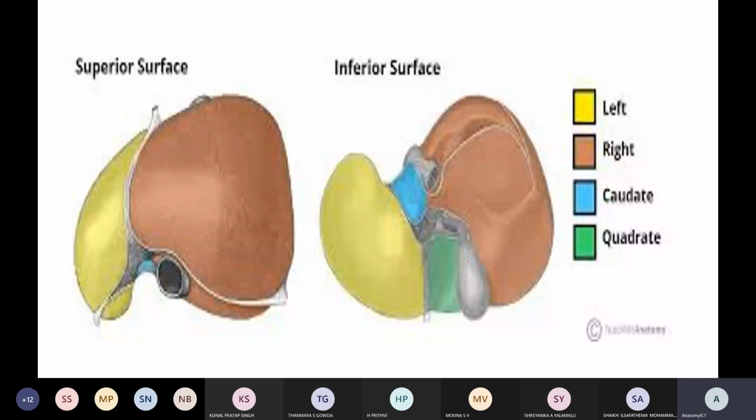That organ is the gallbladder, and that depression is called the fossa for the gallbladder, which is present near the porta hepatis.